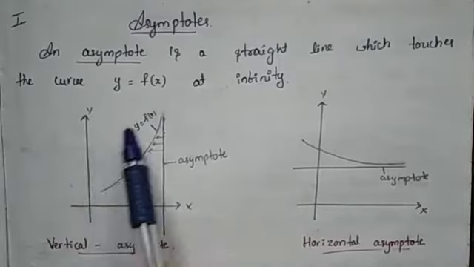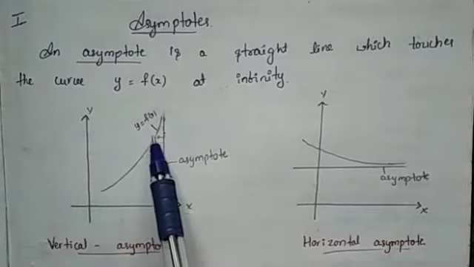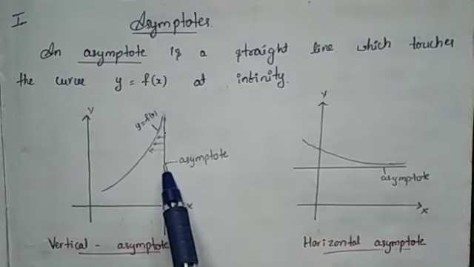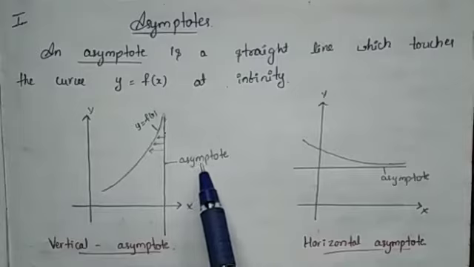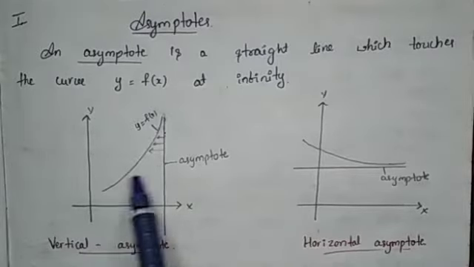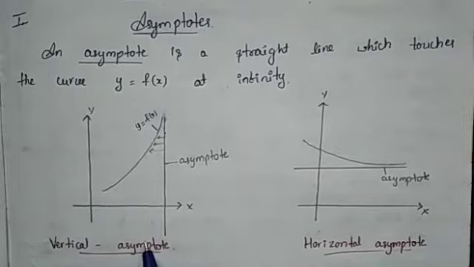Look here, in this figure, it is a straight line which touches this curve at infinity. At infinity, this straight line is called an asymptote. So this asymptote is parallel to the y-axis. Then the asymptote is called a vertical asymptote.